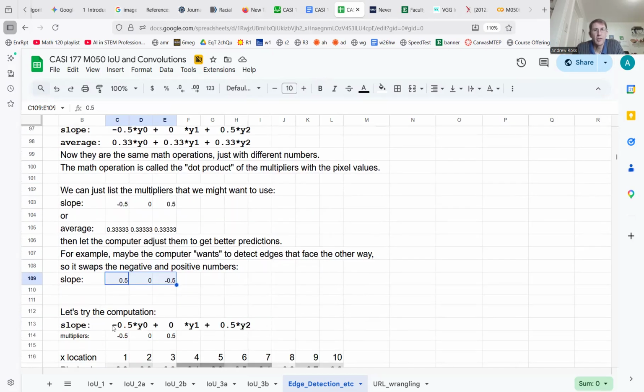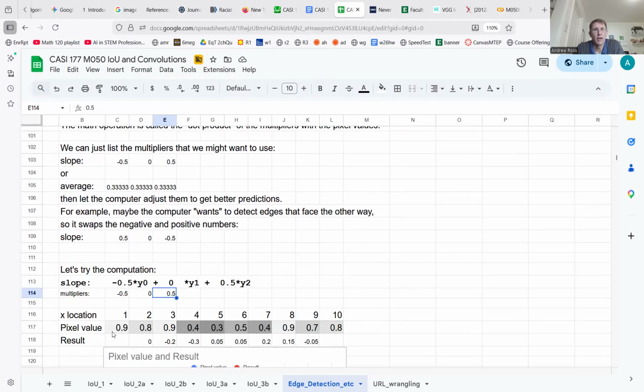Let's try computing the slope by using the multipliers -0.5, 0, and 0.5. We did it before by typing a formula like subtract, divide. But here, let's just try it. We're going to do this -0.5 times this number, plus this 0 times this number, plus this 0.5 times this number.